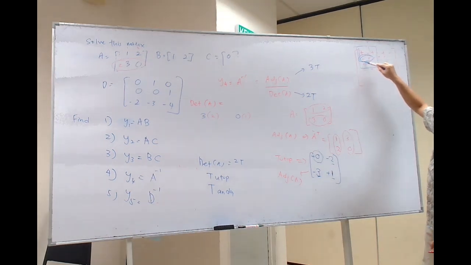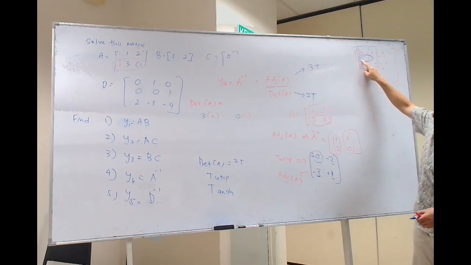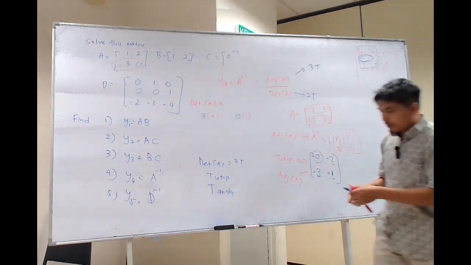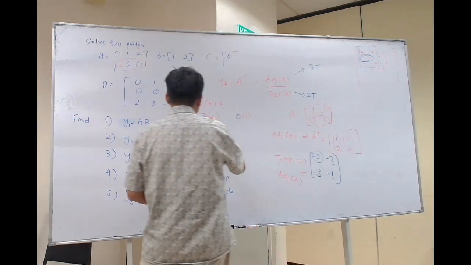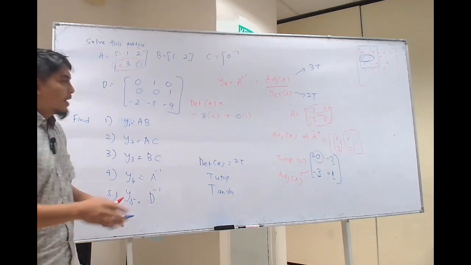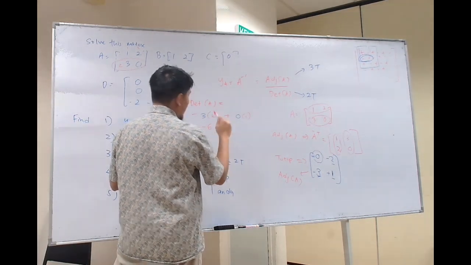So the signs are negative and positive. You need to apply the signs, negative and positive. And then you try to solve it. What is the answer? Negative 6.